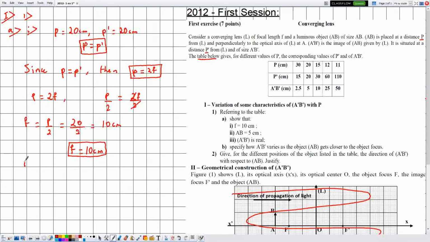Now, part 2. Show that AB is equal to 5 centimeter. We know that also the distance object lens is equal to the distance lens image.